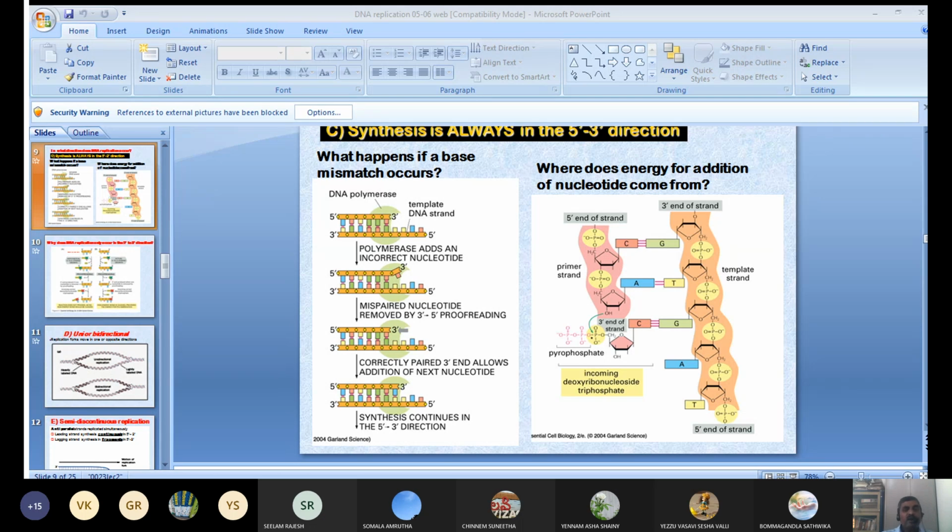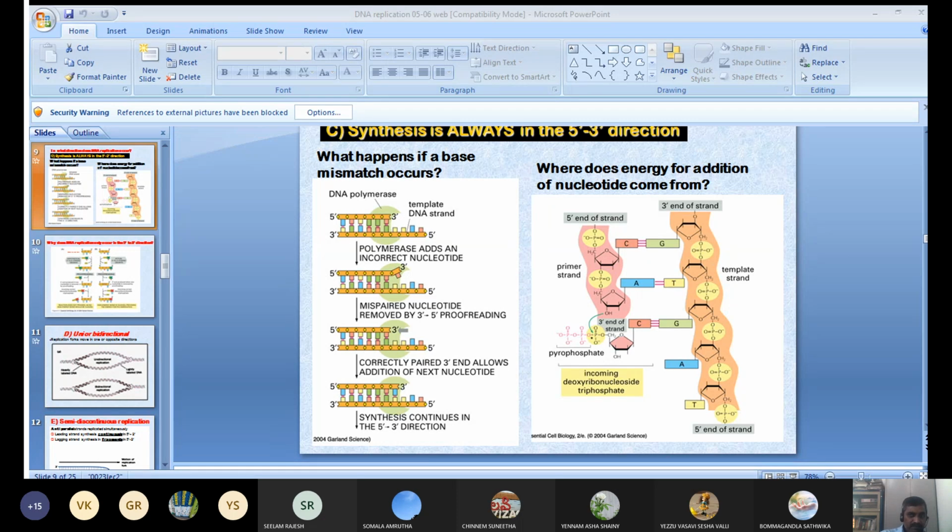The primase enzyme synthesizes only a 9 to 12 nucleotide primer molecule, and afterwards the synthesis proceeds 5 prime to 3 prime.